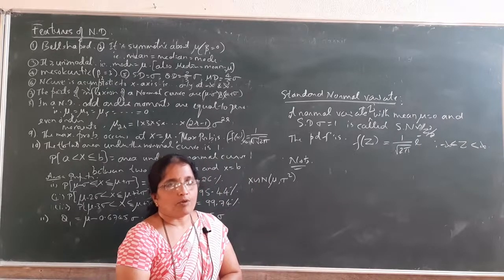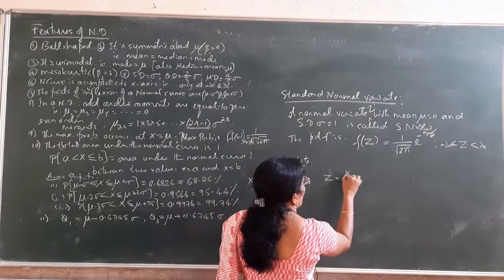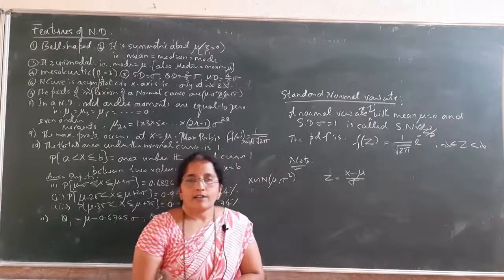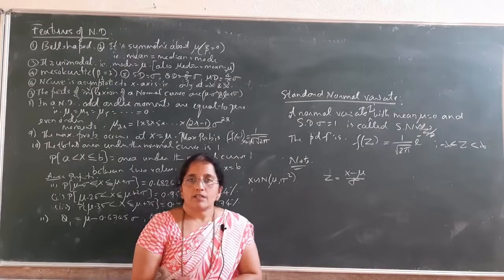Okay. Next, one more important note, that is, if x is a normal variate with the parameters mu and sigma square, then always Z equal to x minus mu by sigma, it is considered as a standard normal variate with the parameters 0 and 1.